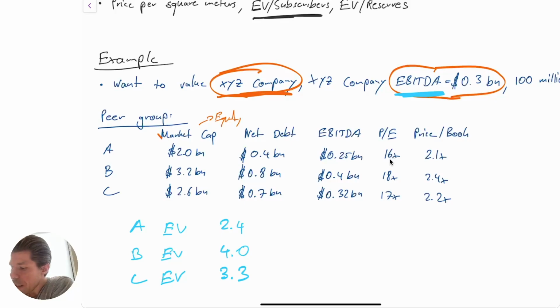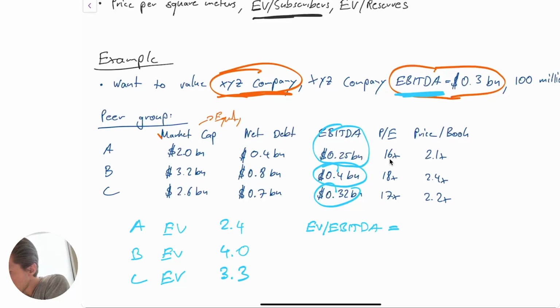I also have my EBITDA for those companies. So what I can do is create my ratio right away. My EV over EBITDA ratio for company A equals 2.4 billion divided by 0.25 billion. Here the same, 4.0 billion divided by 0.4 billion.